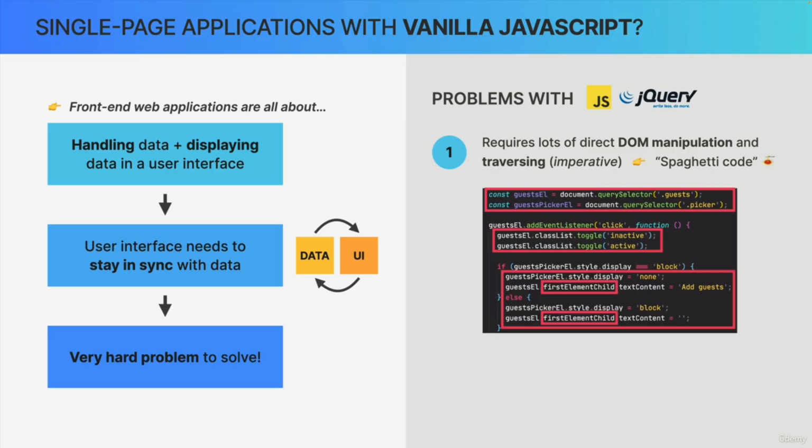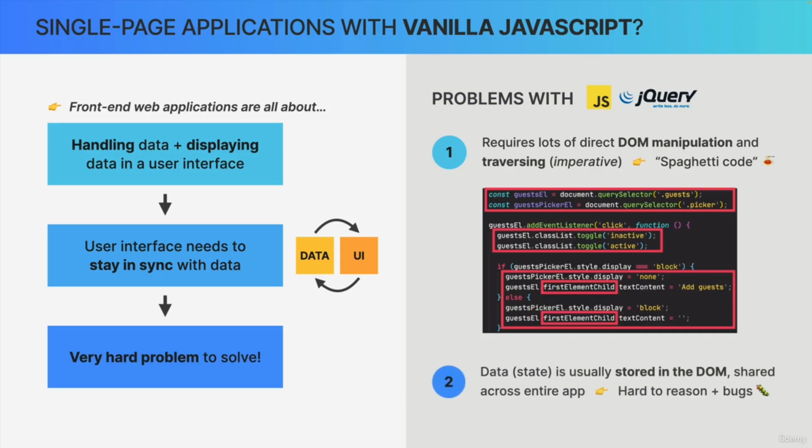The second big problem is that in typical vanilla JavaScript apps, state such as simple text or numbers are oftentimes simply stored right in the DOM. So right in the HTML elements themselves, rather than in a central place in the application. The result is that we end up with many parts of the app accessing and changing that DOM state directly, which makes the spaghetti code even harder to understand, and even worse, it will most certainly introduce many bugs into our application.